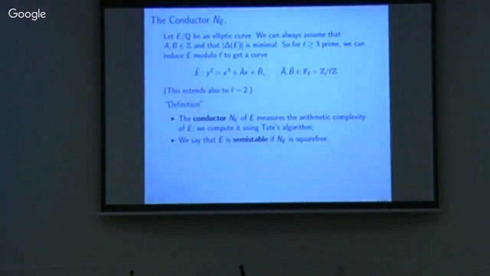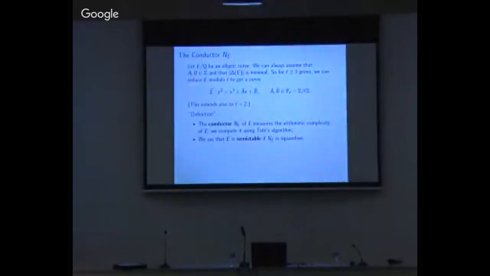And finally, we can now define the first word in the modularity statement. A semi-stable elliptic curve is a curve where the conductor is square-free. So every prime that divides the conductor appears in the conductor only to the first power. So P squared doesn't divide the conductor for any P.